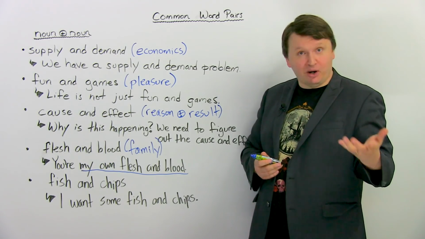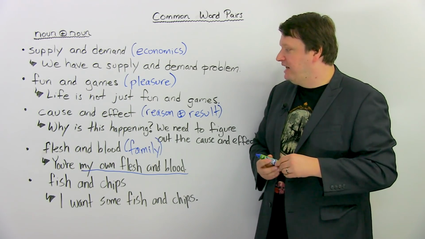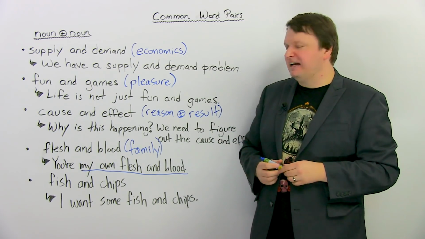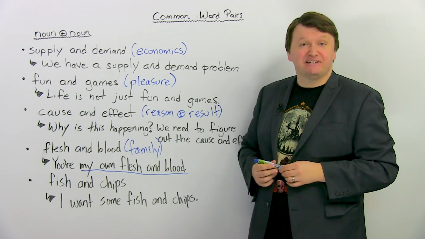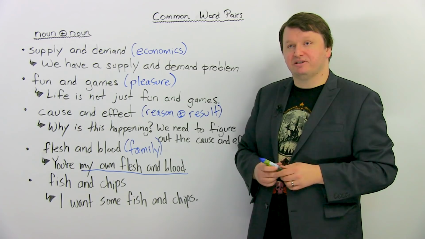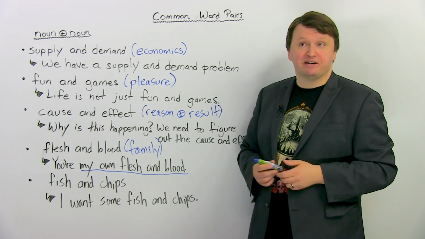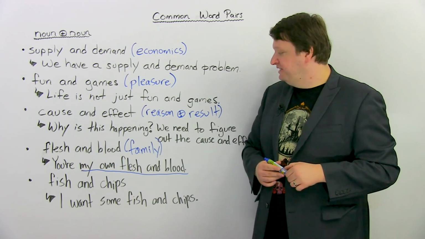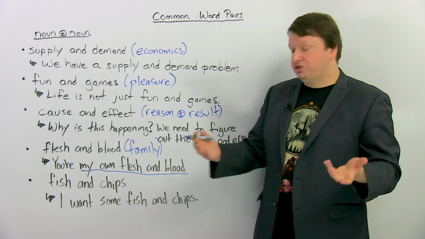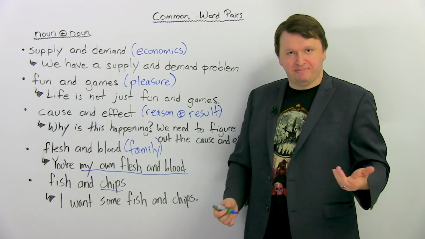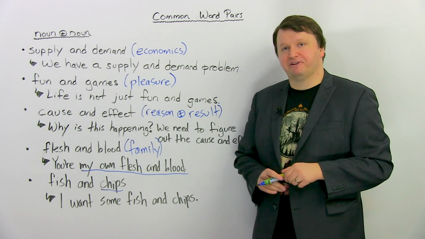So finally, just for fun, because I like them, fish and chips. I think you guys probably know what this is. After 9 of these expressions, of these combinations, I thought maybe we could just do something nice and easy and fun. Fish and chips, a very popular dish. I like to have it for lunch sometimes, and sometimes dinner, if you are in the UK. So basically, fish, chips, known as French fries or fries, depending on which part of the world you're from.